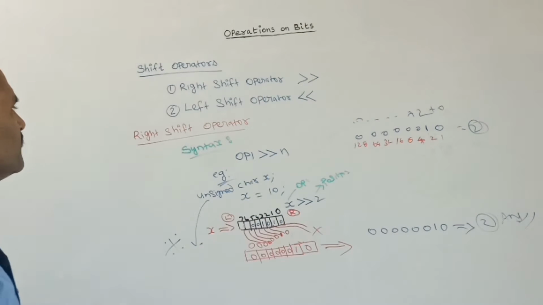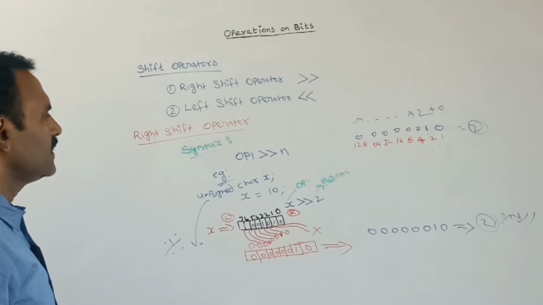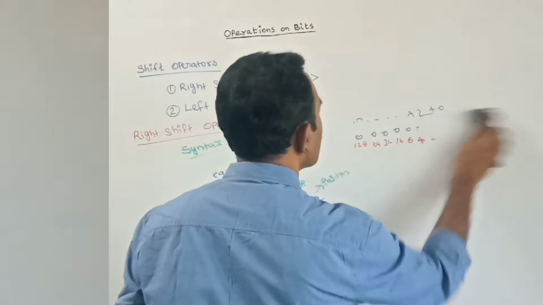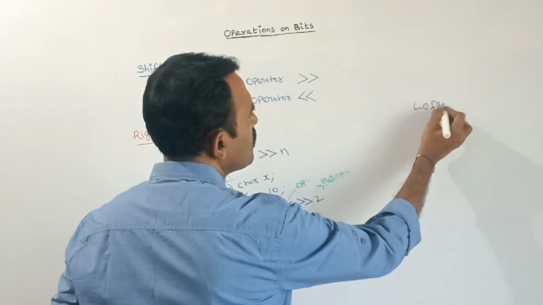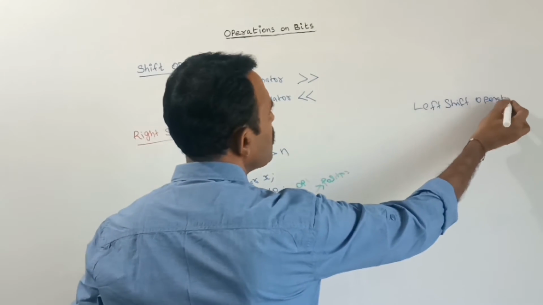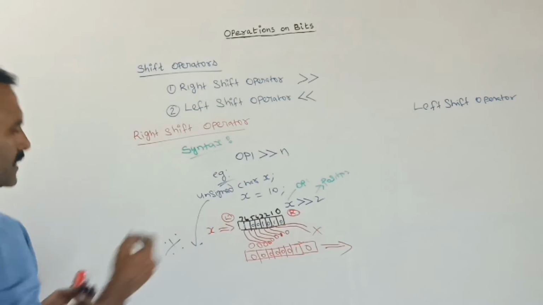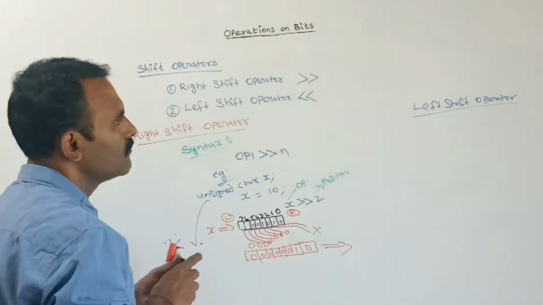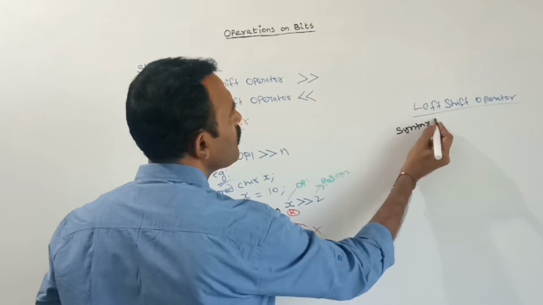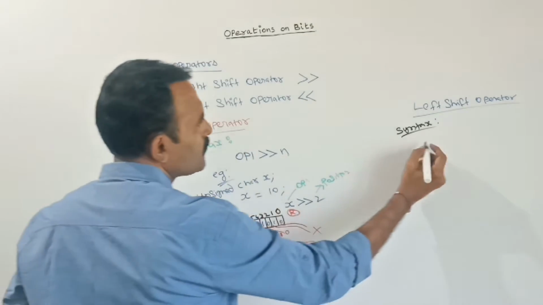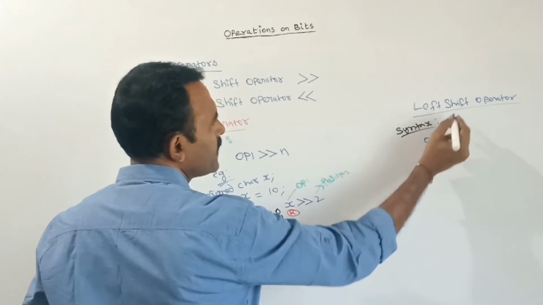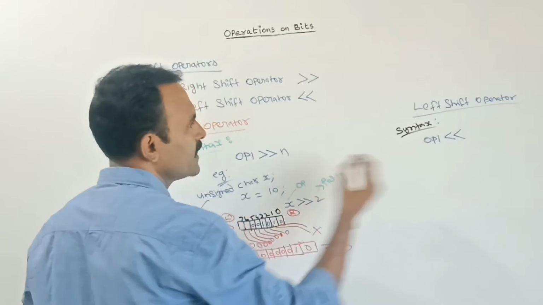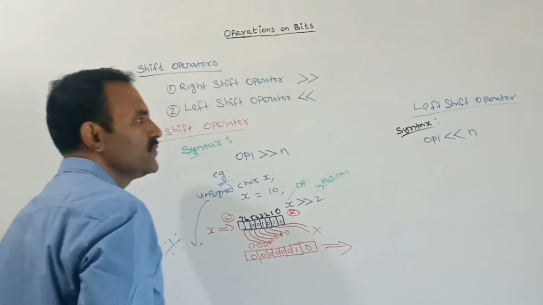In the same way, now let us see the left shift operator. For the left shift operator, the syntax is: first the operand, next the left shift symbol, that is two less-than symbols, and next the number of positions that we are going to shift.